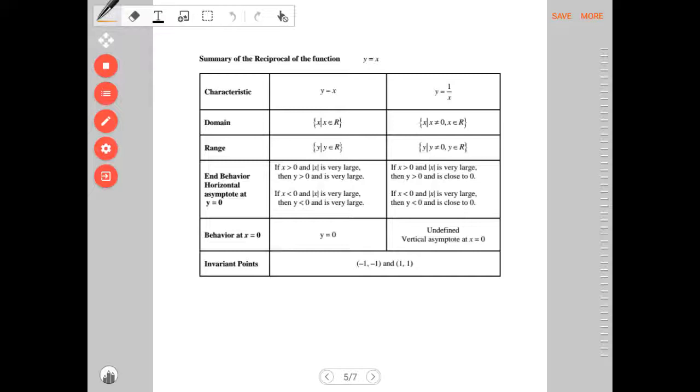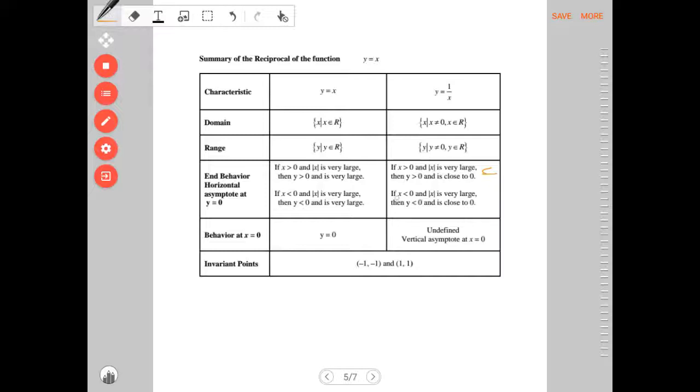Now, this is just y is equal to x. In this one, we say when x is bigger than 0 and absolute x is very large, now we're going 1 divided by. So 1 divided by very large is very small. So y is still bigger than 0, but it's very close to 0. 1 divided by big is small.